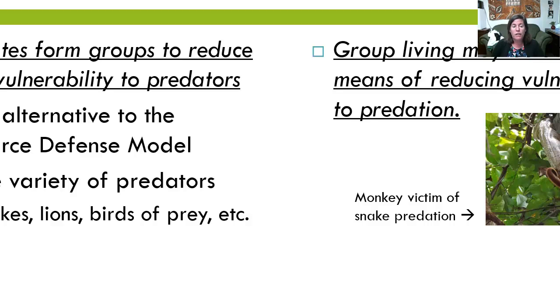This is, as I noted, the main alternative to the resource defense model. There are a wide variety of predators that prey on primates: snakes, lions, birds of prey, all these different types of predators. Group living is argued to be an effective means of reducing vulnerability to predation.